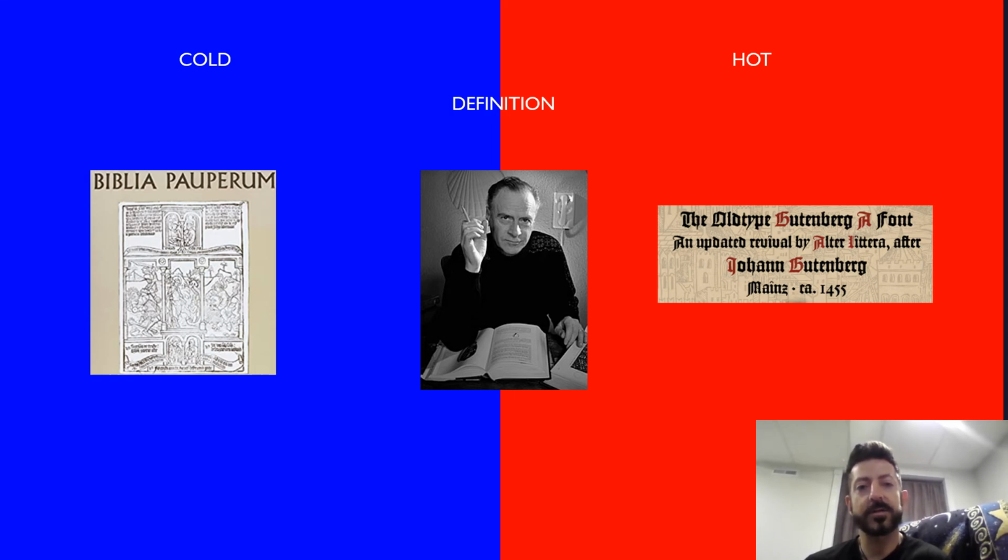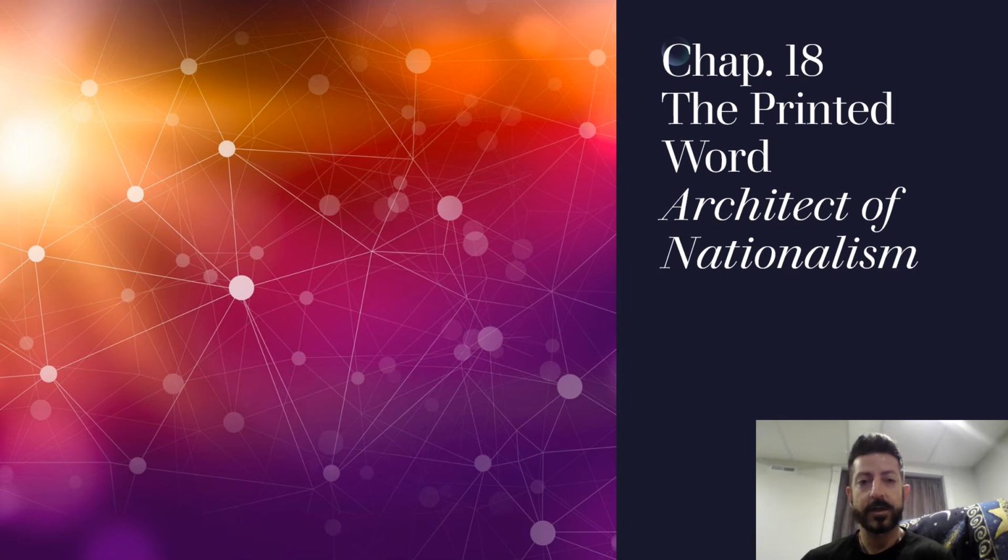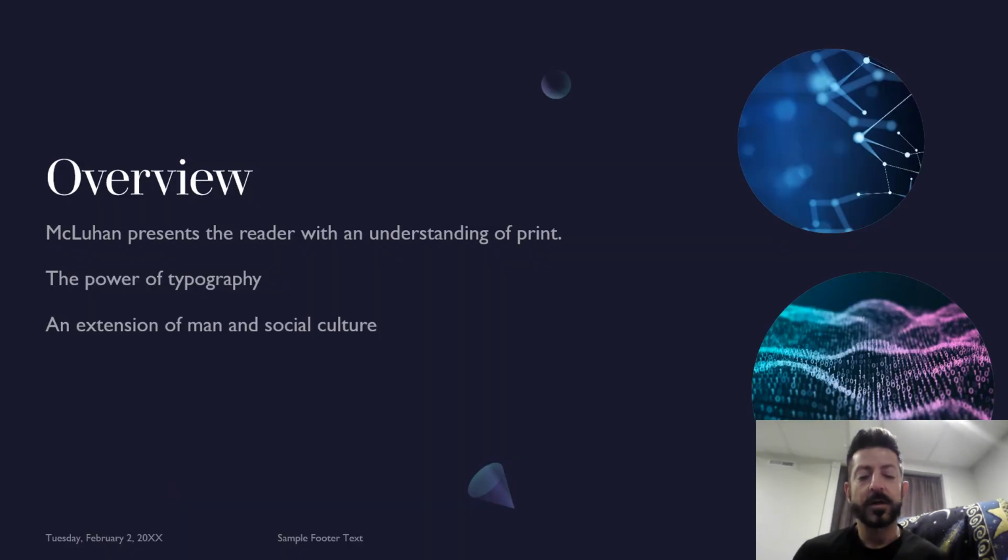And now in Chapter 18, we will cover the printed word, the architect of nationalism. Another brief overview of this chapter: for us to understand print, McLuhan feels that we need to stand aside from questioning so that we are able to understand that print has its typical pressure and life.